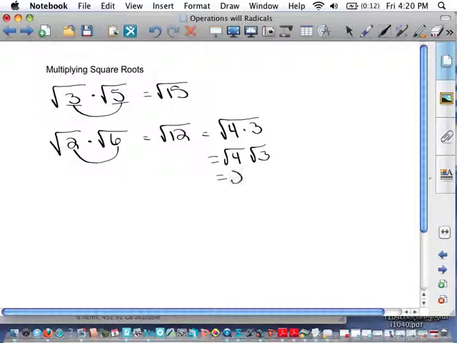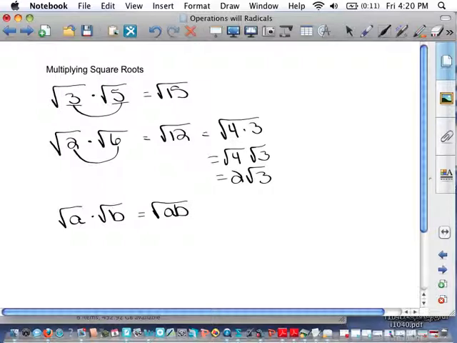So that will give me 2 root 3. So in its general form, if I have the square root of a times the square root of b, that gives me the square root of the product of a and b.